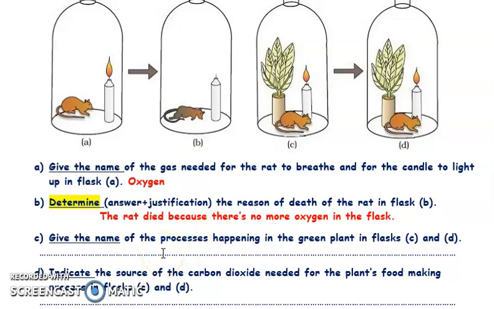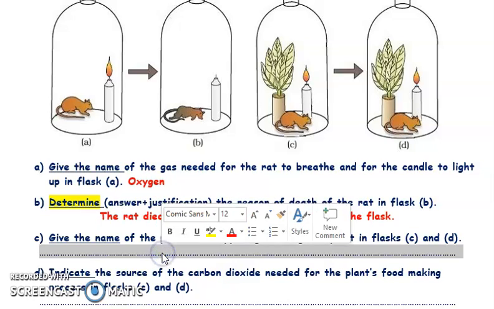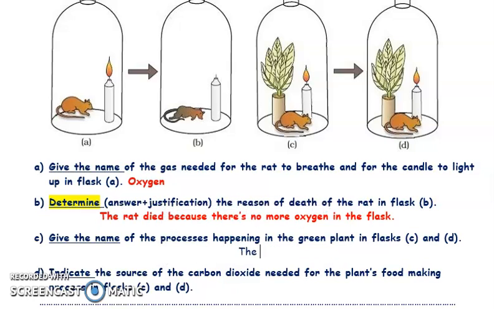What are the 2 processes happening in the green plant? Since it's a green plant, it goes through photosynthesis. So the first process is the photosynthesis process. The second one, since the green plant is a living thing, it breathes, so the second process is respiration.